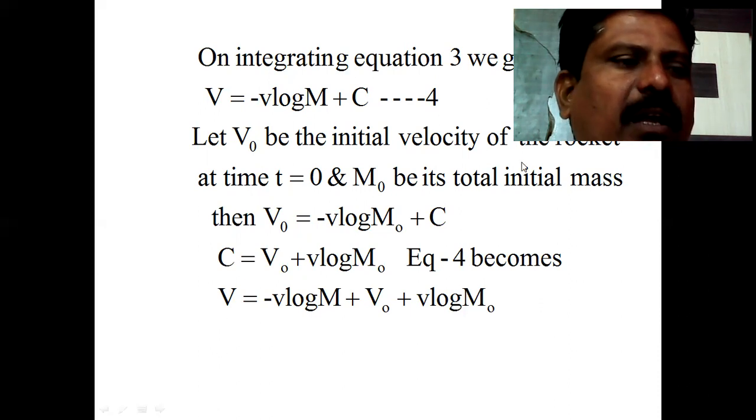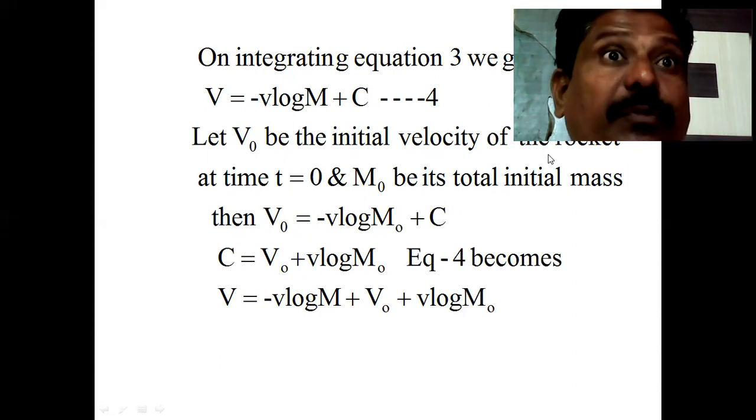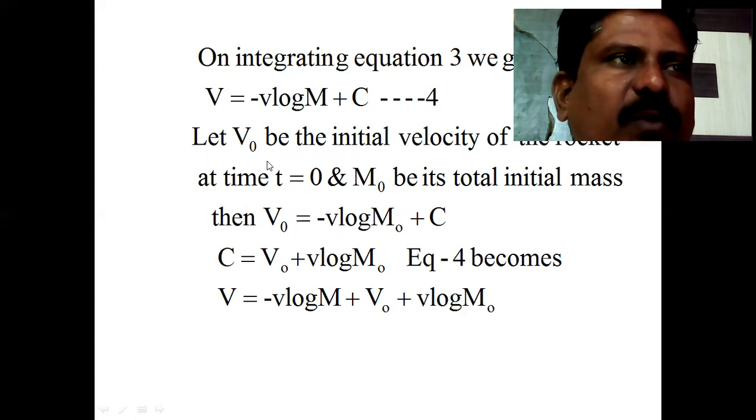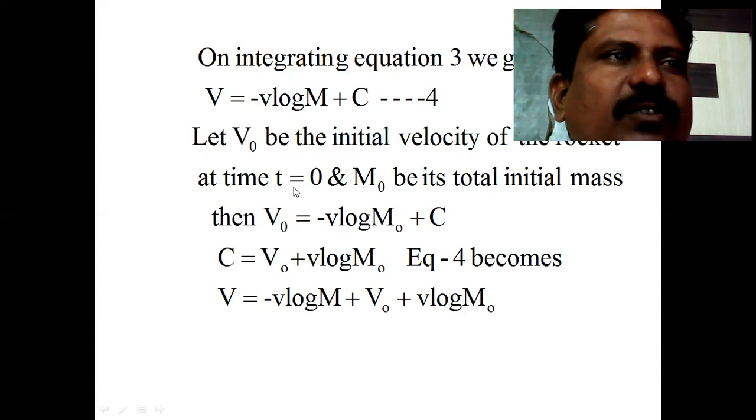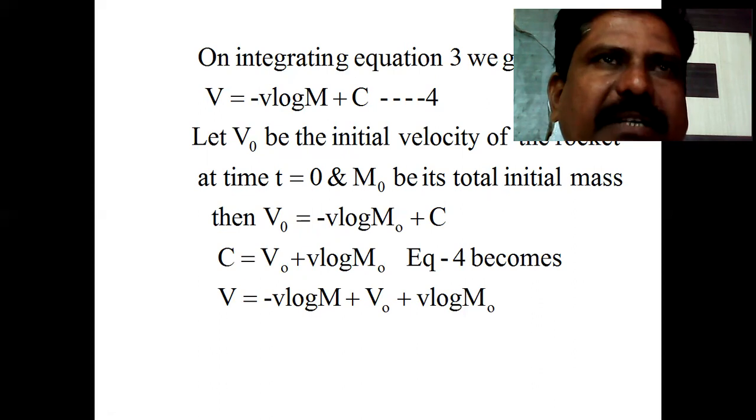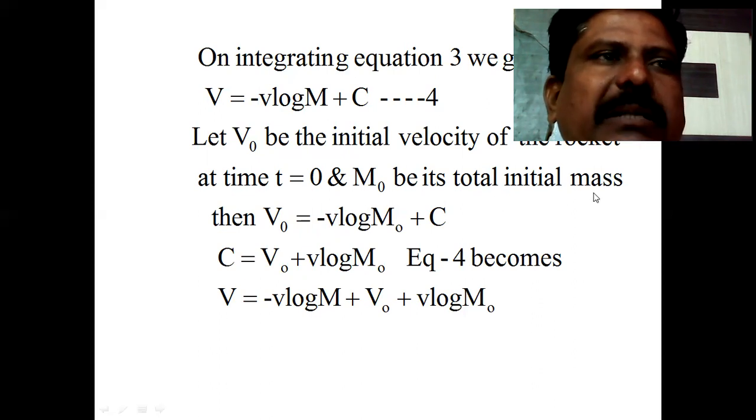Next, let us assume that v naught is the initial velocity of the rocket before launching, at the time t equals zero, when your rocket is not yet launched from the launching pad, and m naught is the total initial mass.